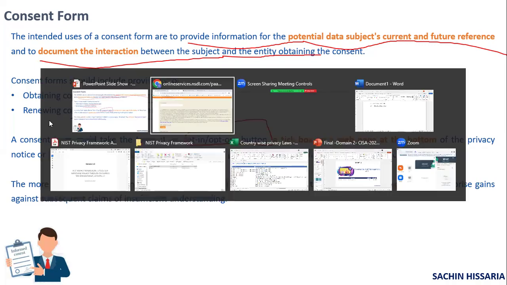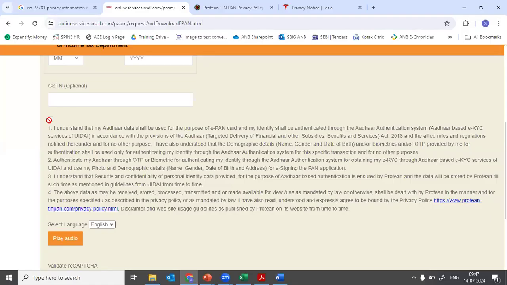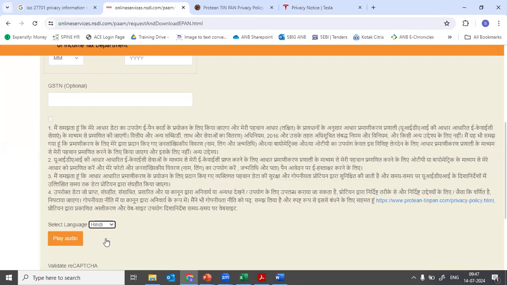Okay. So it has to be there, and consent needs to be written in simple language as far as possible. Now in most privacy law regulations, you will also see that consent needs to be communicated in the local language also. So this is English. Suppose someone cannot read English, so there is an option to convert these languages into the local languages.